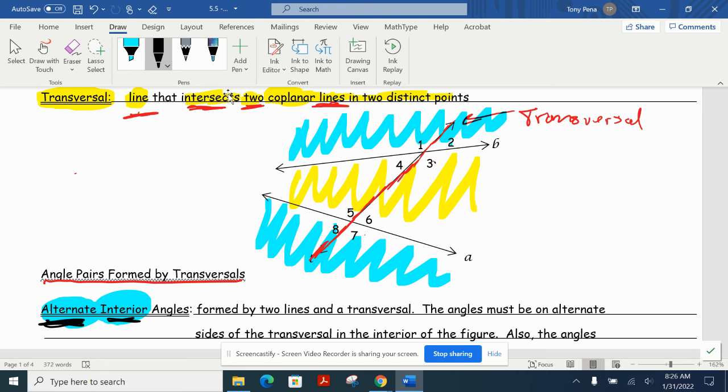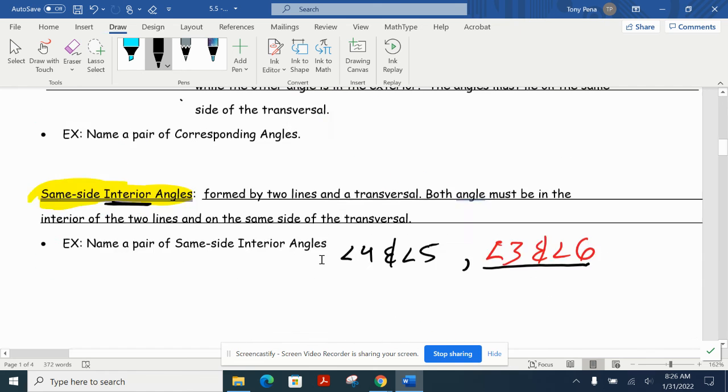All right, Mo, what is one? Just give me an exterior angle. Angle 1 and angle 8. Okay, good. So angle 1 is an exterior angle. And then he said angle 8 because this is an exterior angle. Angle 8 is an exterior angle, and they are both on the same side of the transversal. So angle 1 and angle 8.